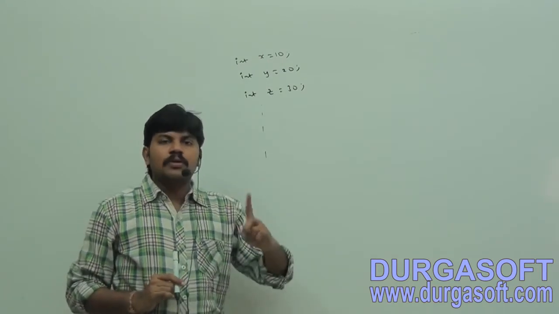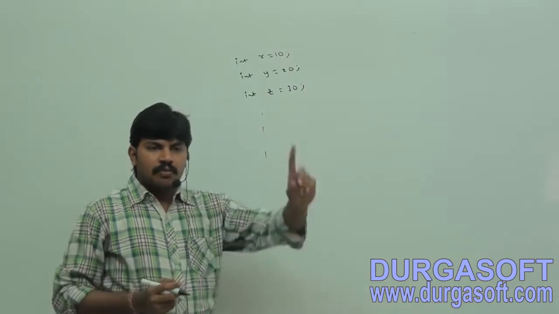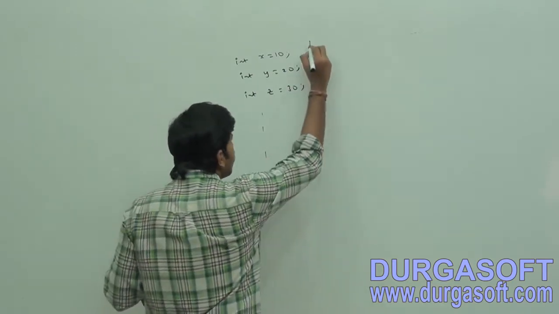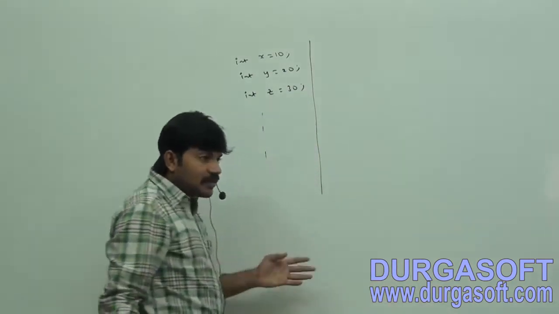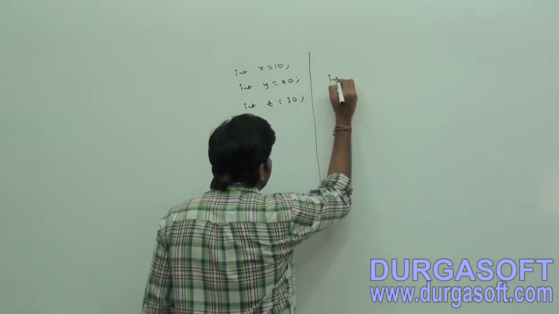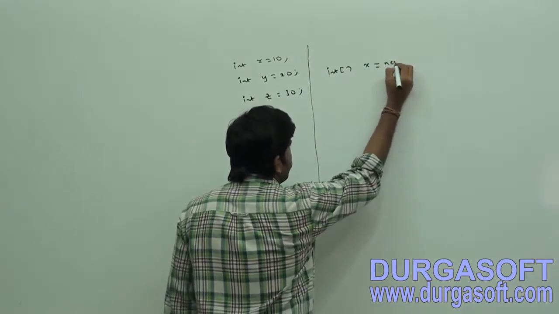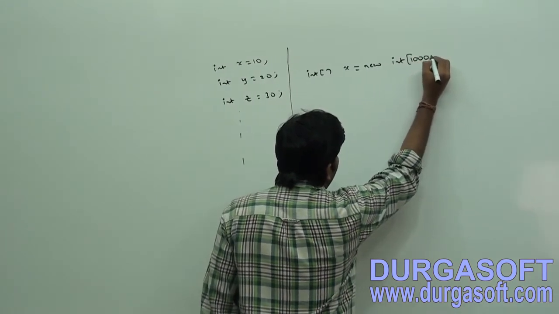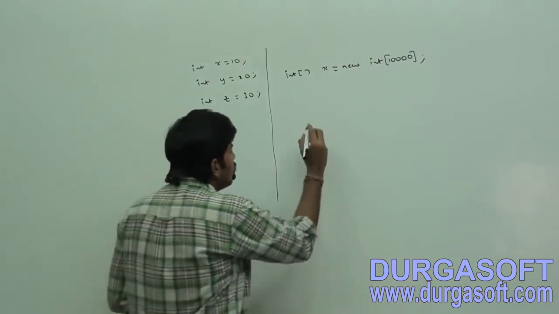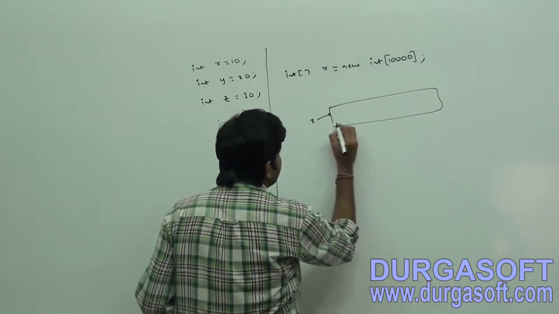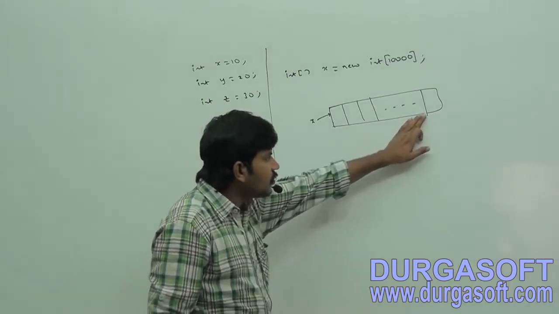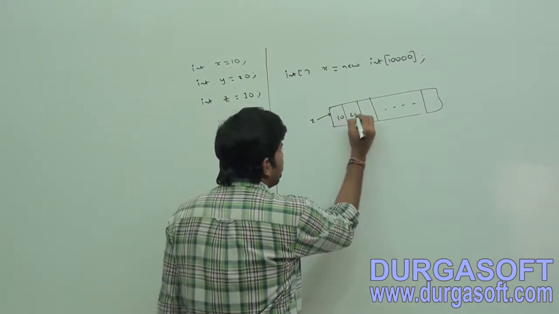That's why, if you want to represent a huge number of values by using a single variable, happily we can go for the arrays concept. Luckily, if you want to represent 10,000 values, 10,000 variables are not required; just one variable is enough. int[] x = new int[10000]. Here you can represent 10,000 values: first value, second value, third value.